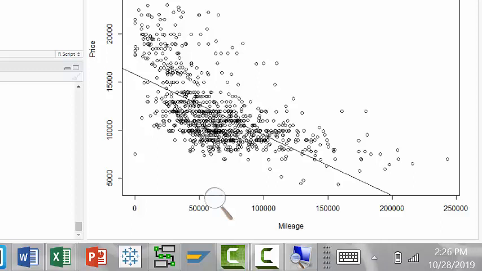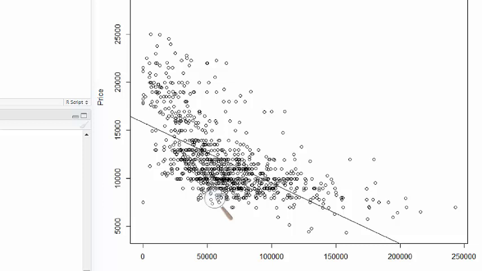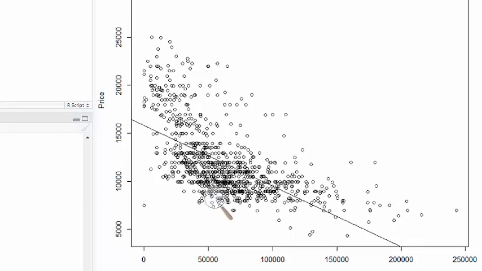That would be my prediction for the price of the brand new car with 0 miles on it. Do you see a lot of cars with low mileage that are around this point? No, not really. They're all up here. Why? Because apparently the data does not behave in a linear fashion. What do we see? Brand new cars, or cars with low mileages, have high prices. And then you start driving the car, and you can see that the price drops pretty quickly.